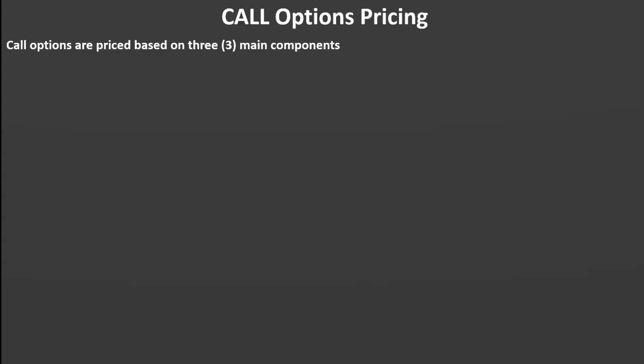Call options are priced based on three main components. Those three main components are intrinsic value, that is how far in the money the current strike price is that you purchased, time value, which is how long until the options expire, and then volatility.